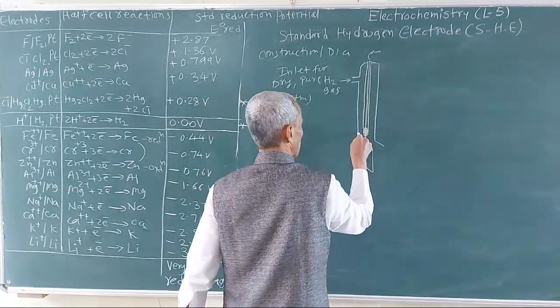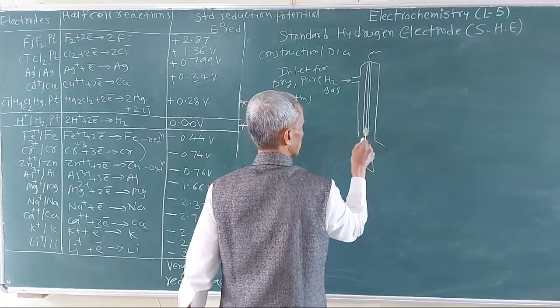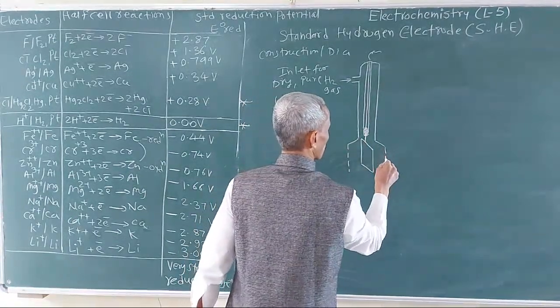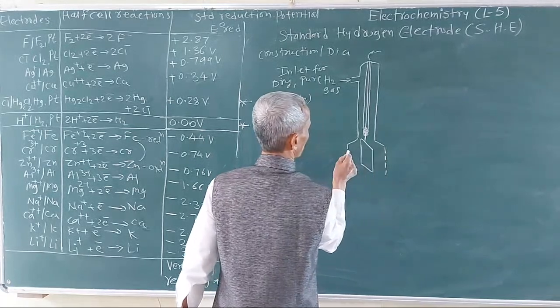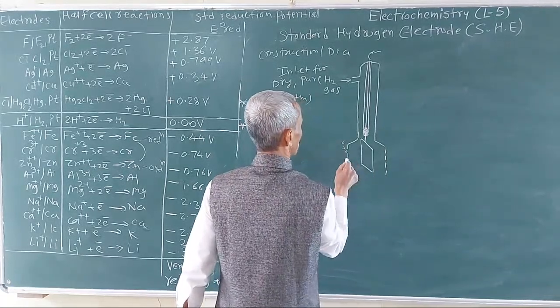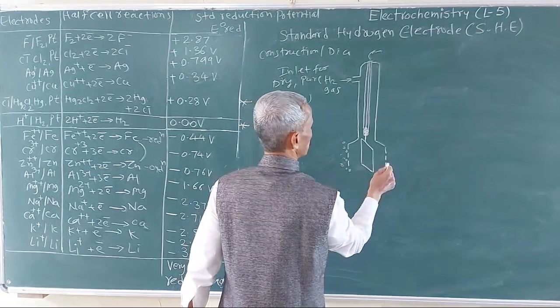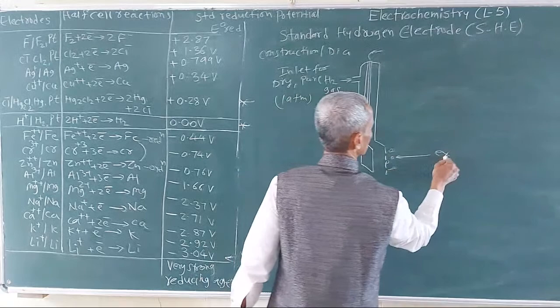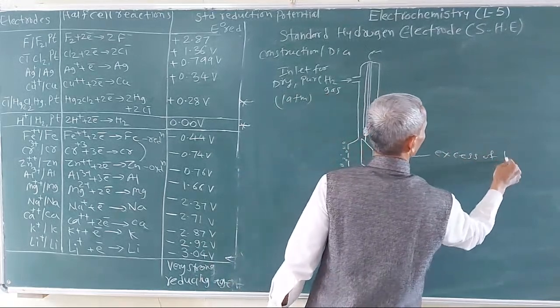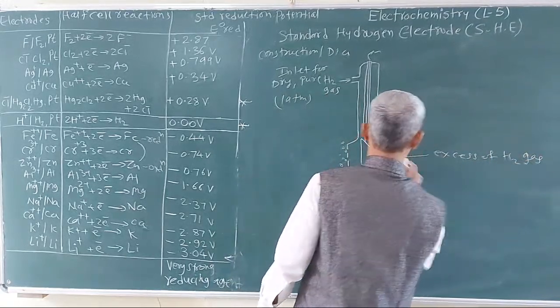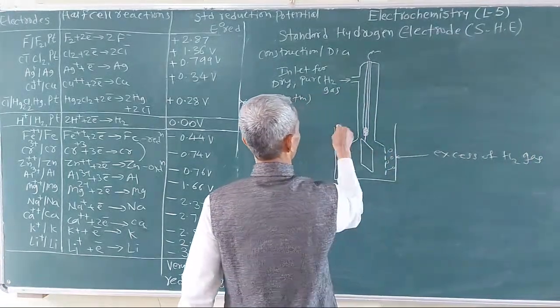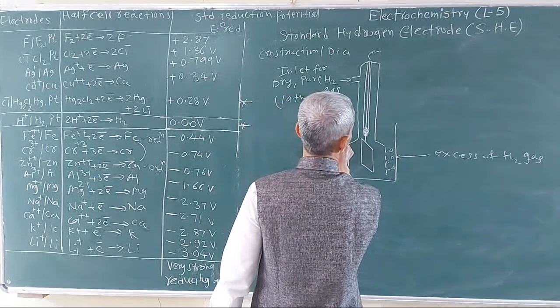So this is the outer jacket. Then there are holes, and from these holes the excess hydrogen gas can be given out. This is in solution.